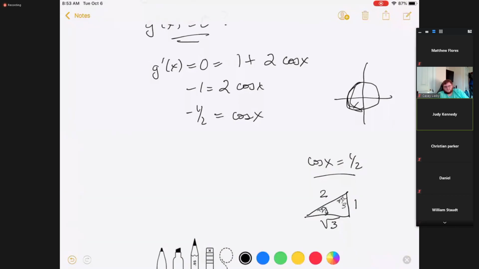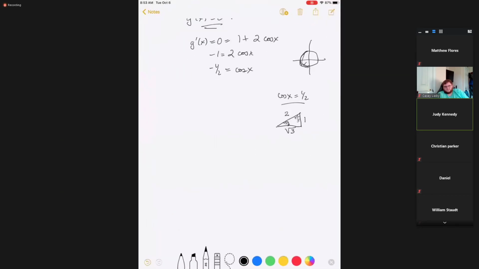So yeah, okay, I'm turning my iPad around. You can't see that, but okay. The cosine is 1/2 means that I'm looking at the adjacent as being, to this angle right here, 1/2. Then that's pi over 3. Yeah, this is pi over 3.